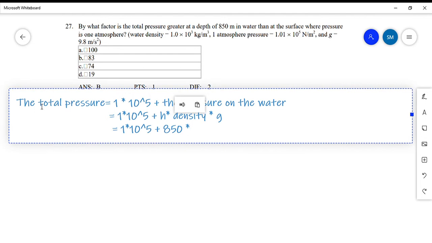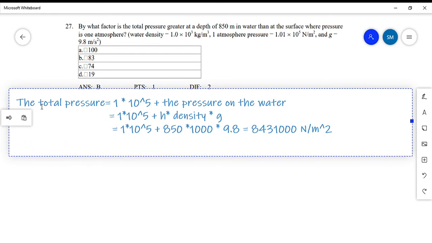We all know the density of water is 1000, times the gravity, 9.8. All of this is equal to this number, Newton per meter square. This is the total pressure.